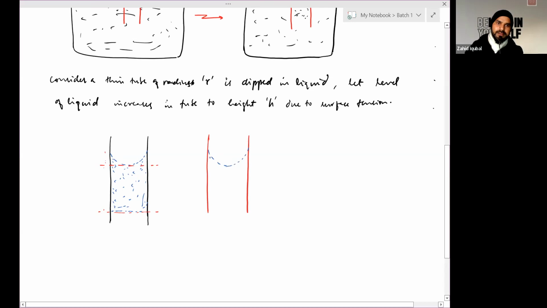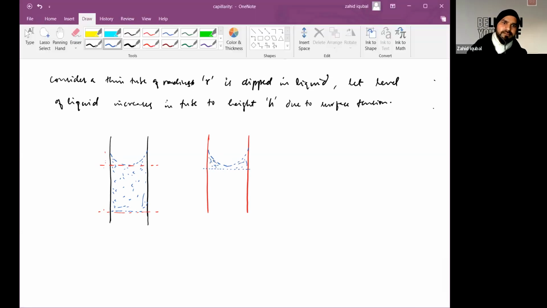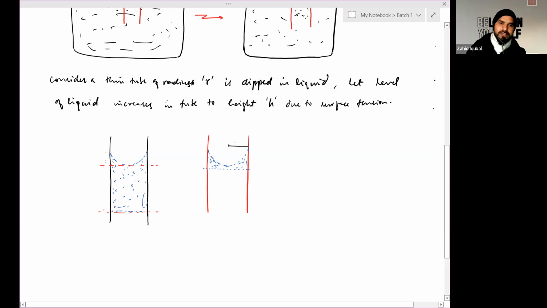And this meniscus will be termed as a hemisphere. If you want to calculate the volume of this part only, the radius of this tube is small r, and the height of this particular part is also small r. So the volume of the hemisphere will be 2 by 3 times pi r cube. If you subtract it from this whole part, you will get the amount of liquid at this point.